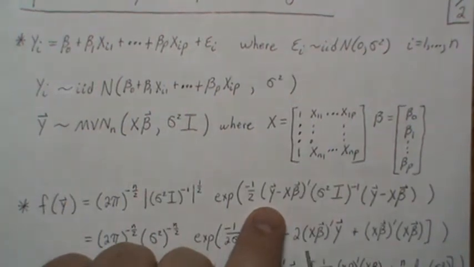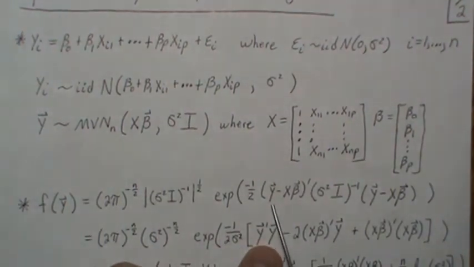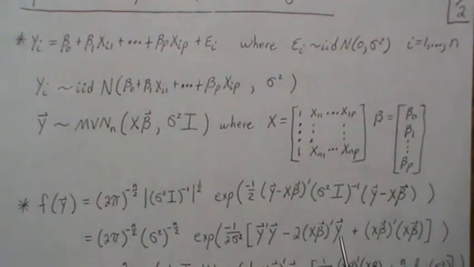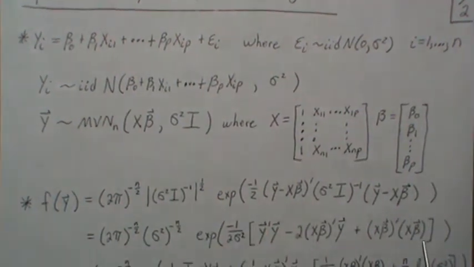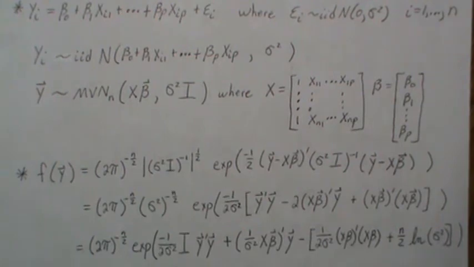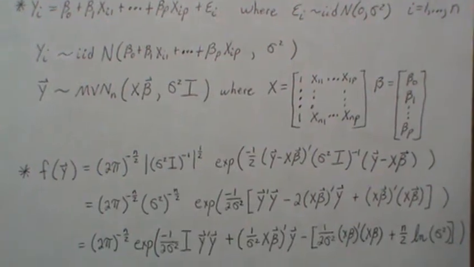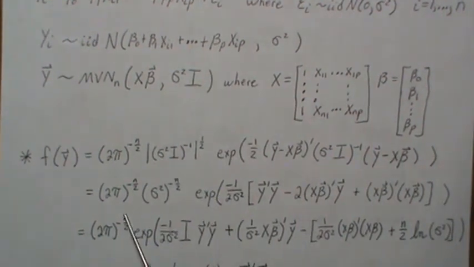Remember, don't forget the transpose. That's what this is. And we get y times this and this times y. And since they're scalar, you can kind of reverse them, and then you get 2 times this. That times that is this. And the reason we're doing that is because we're trying to factor it into something that makes it the exponential family. So then this is just a constant out front.